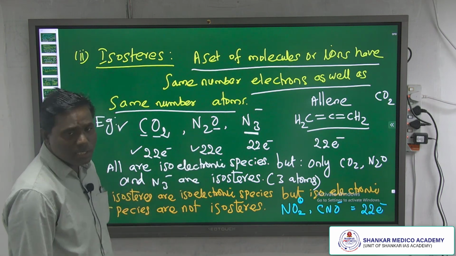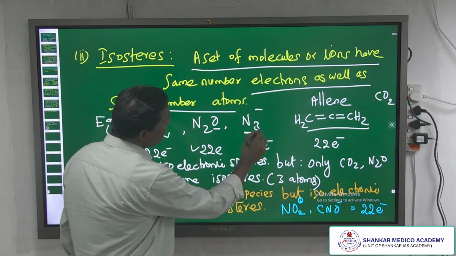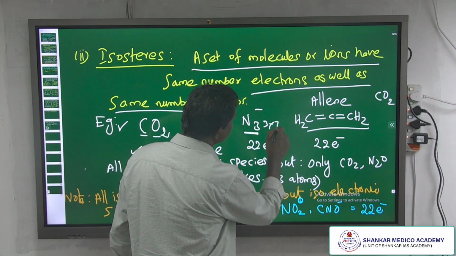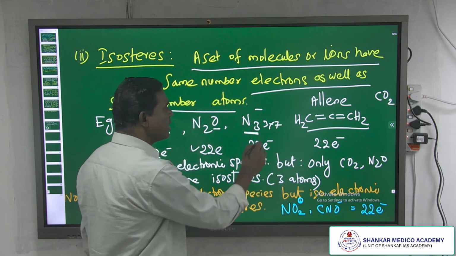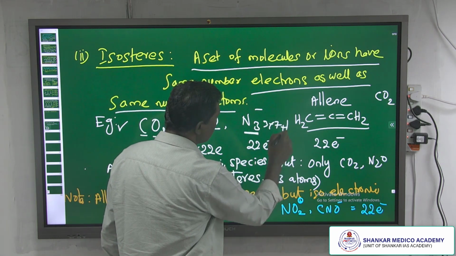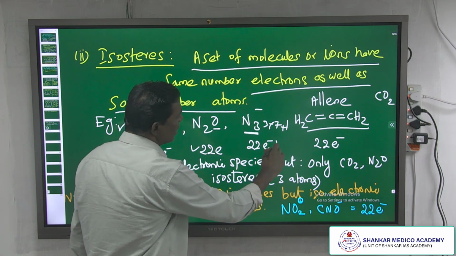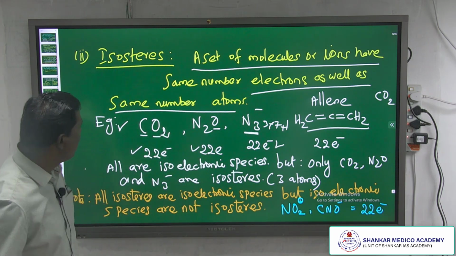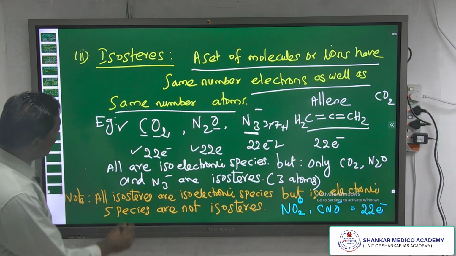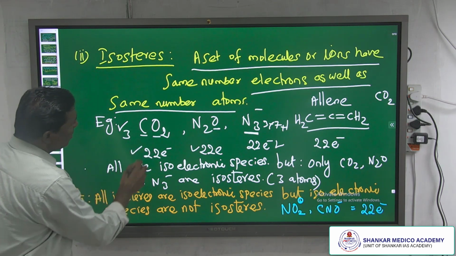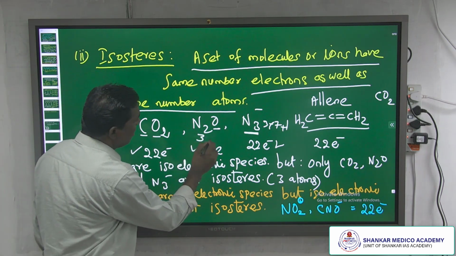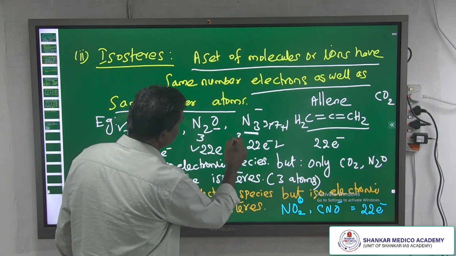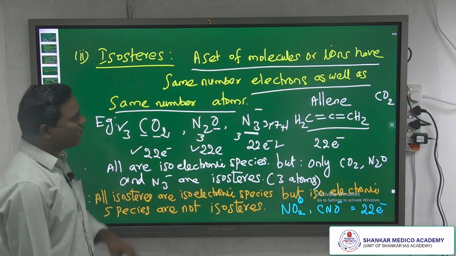And N3 minus: 3 into 7, 7 is the atomic number for nitrogen, and 1 minus also there, so 21 plus 1, 22 electrons. At the same time, you can see the atomicity is 3 here, here also 3, and here also N3 minus 3.